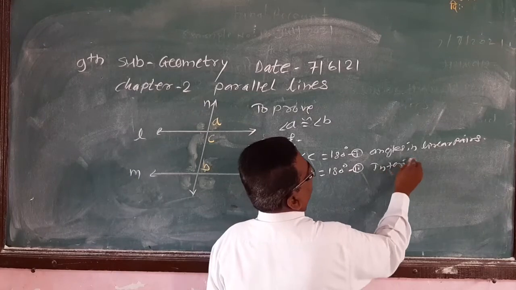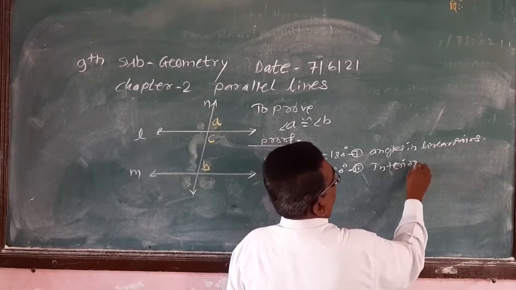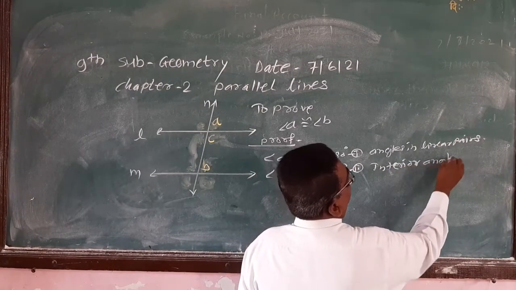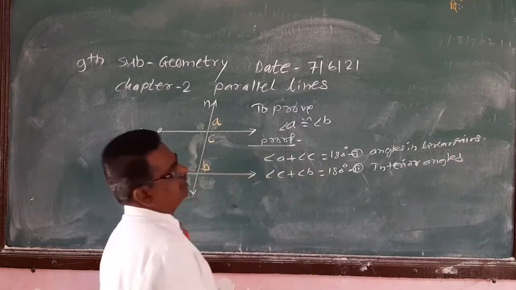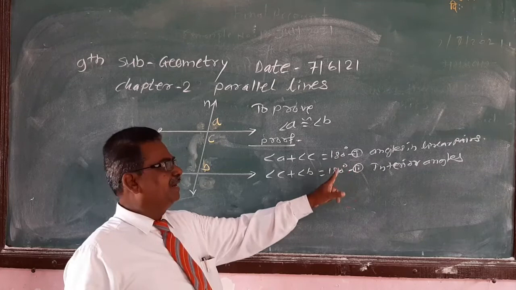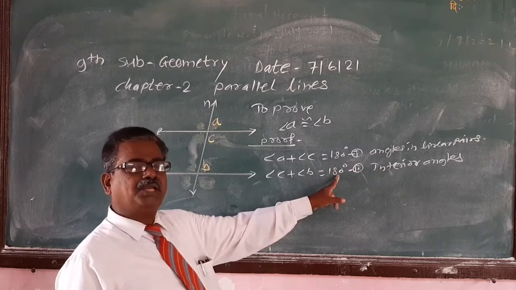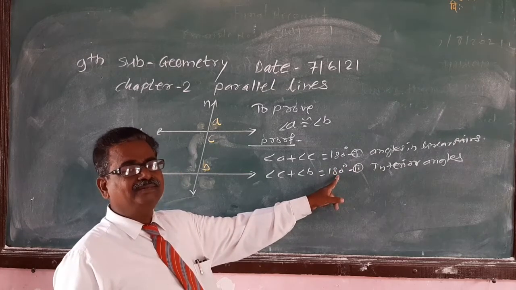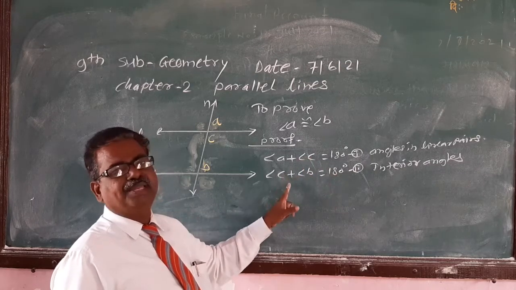So reason: interior angles. Statement number 1, statement number 2. Right sides 180 are equal, then left sides should be equal.